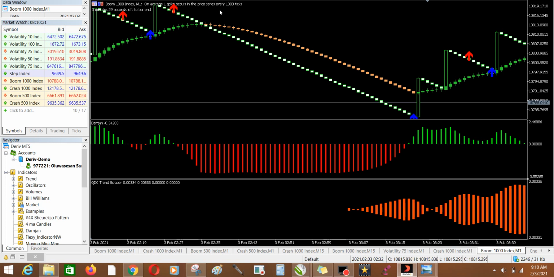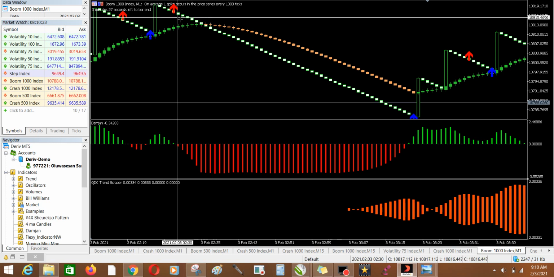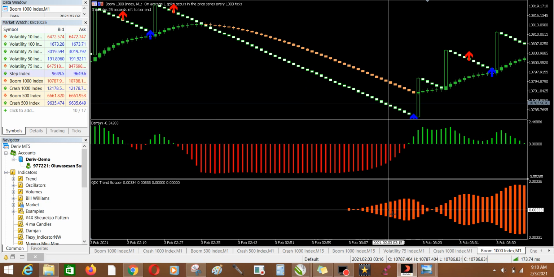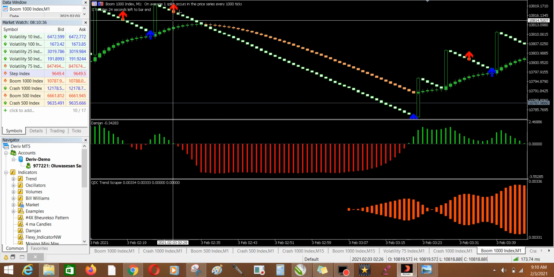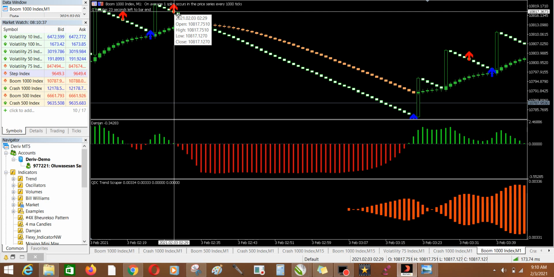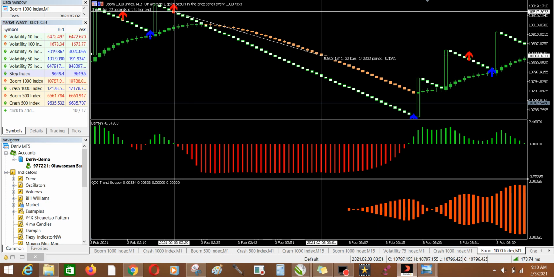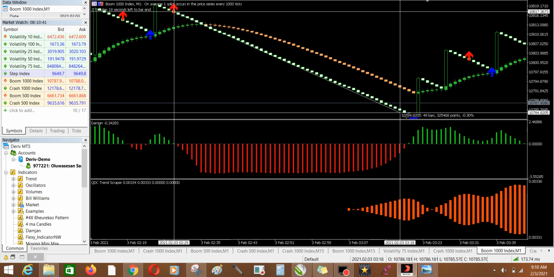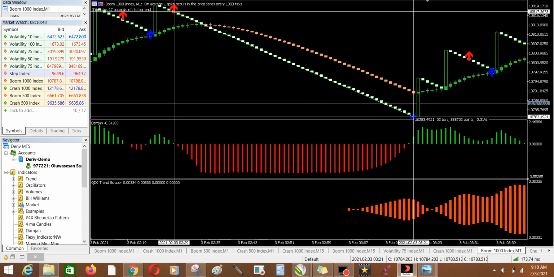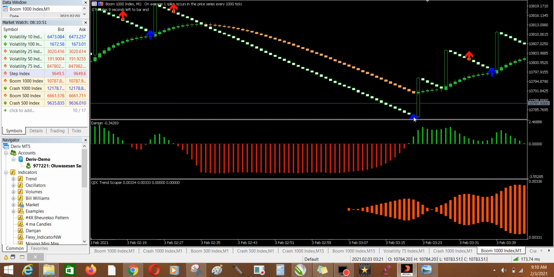If it had gone back a bit, I'm very sure the entry point arrow for this downtrend signal should be from somewhere here, and you can see it came down to this level. We had the exit signal arrow popping out, but it came down to this place.